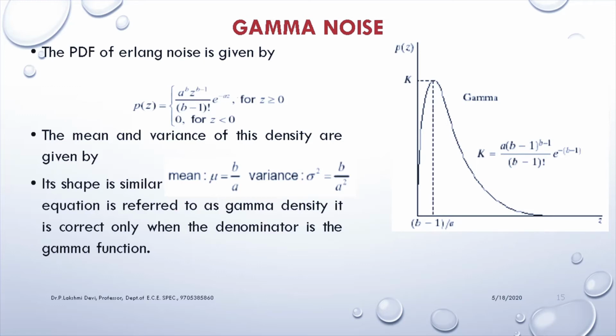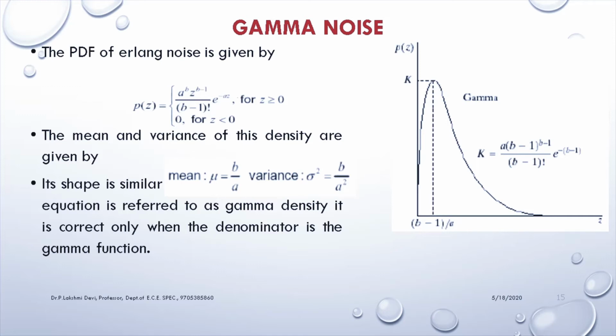So for gamma noise, the probability distribution function P of Z equals A to the power of B, Z to the power of B minus 1, divided by B minus 1 factorial, times exponential of minus AZ, for Z greater than or equal to 0.